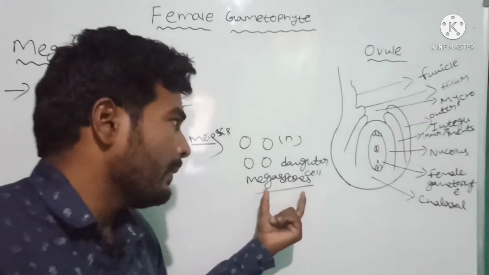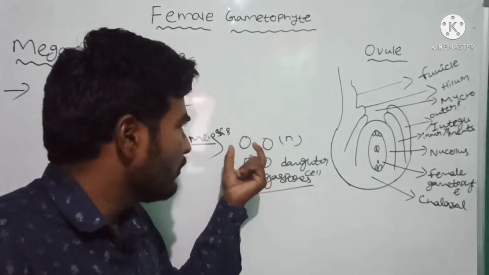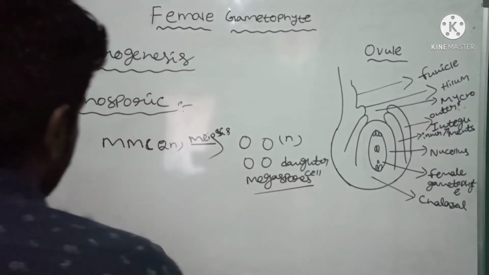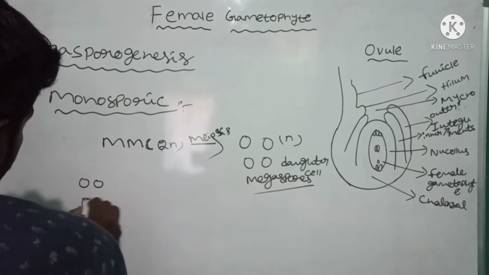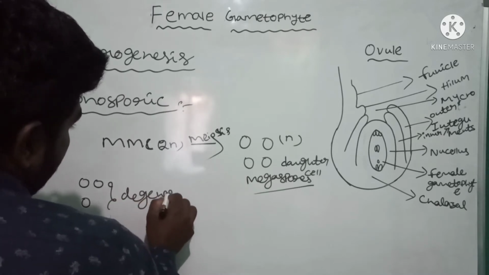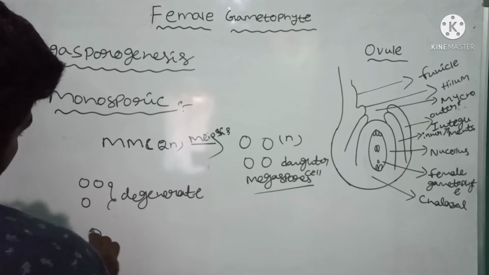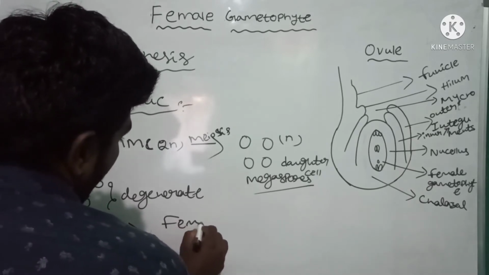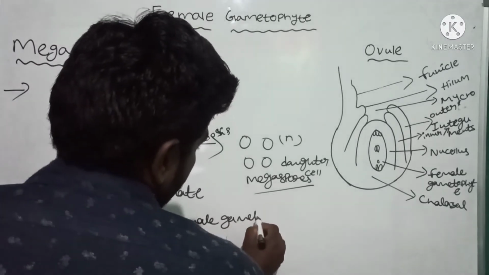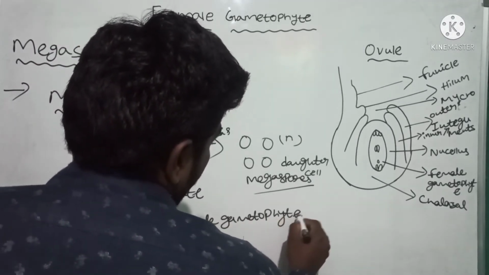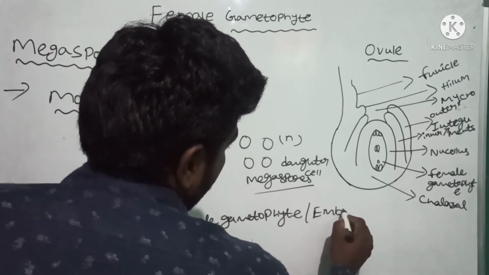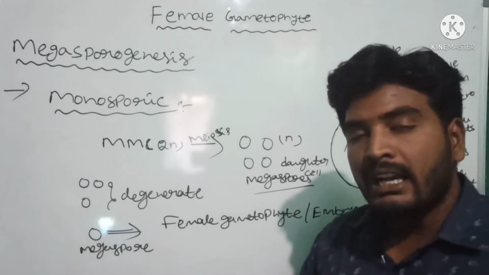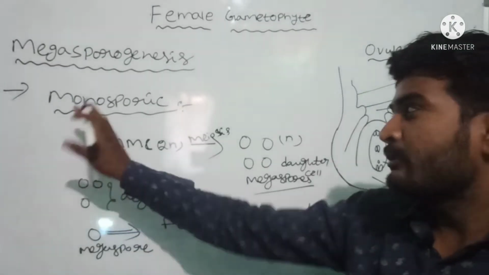Of these four daughter cells, only one is functional. In most flowering plants, only one megaspore is functional, and the remaining three degenerate. The one functional megaspore develops into the female gametophyte or embryo sac. This is called monosporic development.